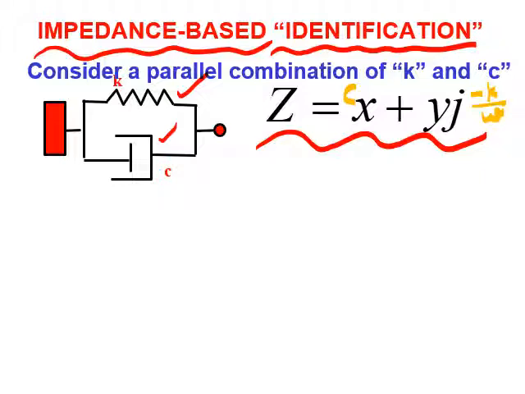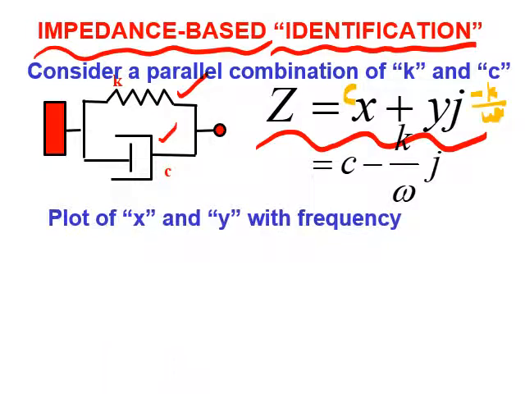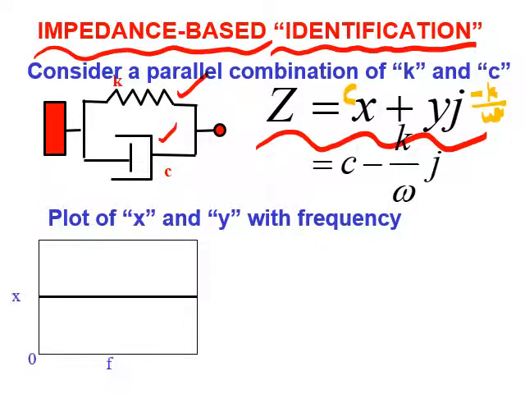So if you try to see the variation of X and Y, because you have the expression, we find that the real part is a constant, the imaginary part is negative, and this negative value reduces in magnitude with increase of frequency. So that means the plot of X and Y with frequency is predictable.